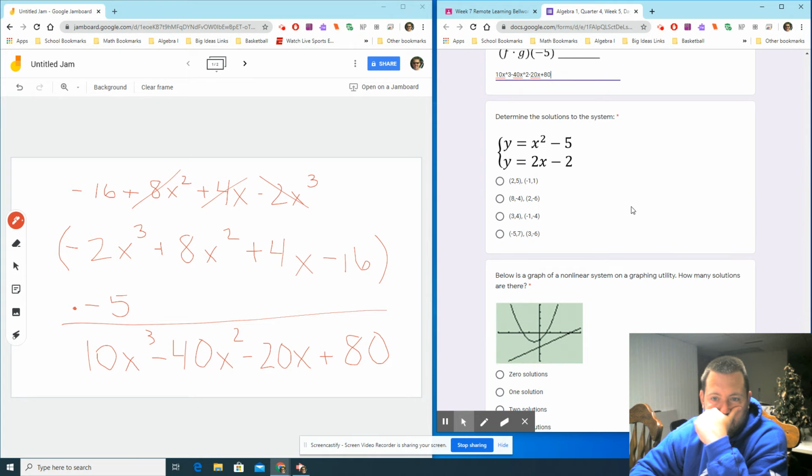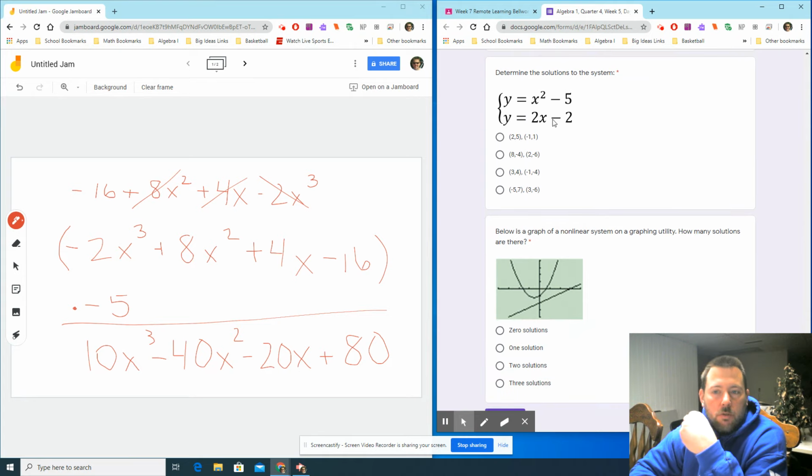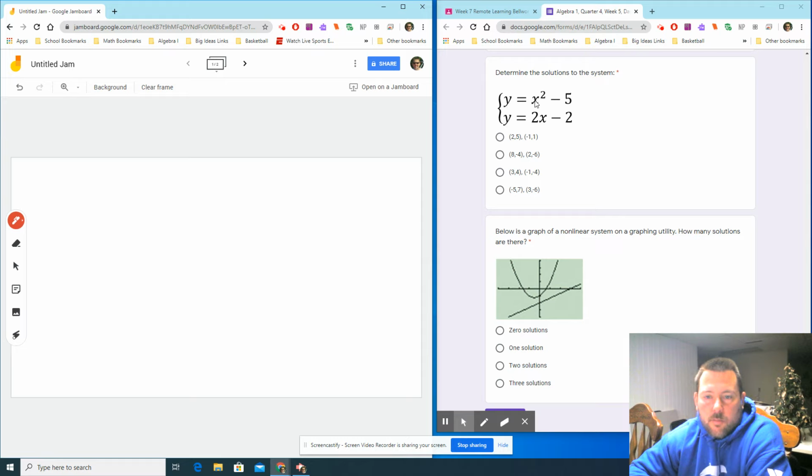All right, and then determine the solutions to the system. This is just going to be using substitution because we're saying that this equation works together with this one. So every letter is the same value. So this x right here, whatever it is, is the same value as this x. They represent the same thing.